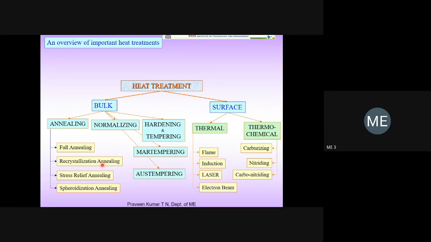You have studied about the spheroidizing heat treatment process. The final shape of the grain is almost spherical. Because of that, we are getting good machining properties. Even in cast iron, there is SG iron.